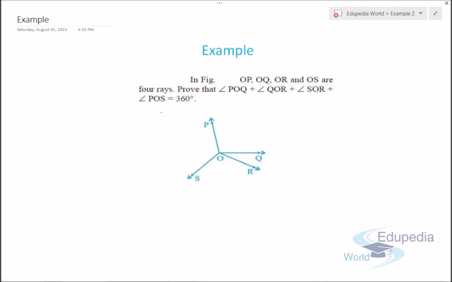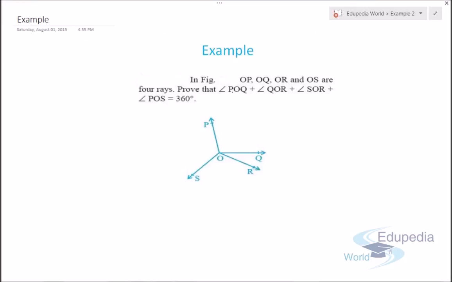Example number 2. This is again a very interesting example, so you have to watch this section of the video very carefully. In this example, it's given in the figure that OP, OQ, OR and OS are four rays.